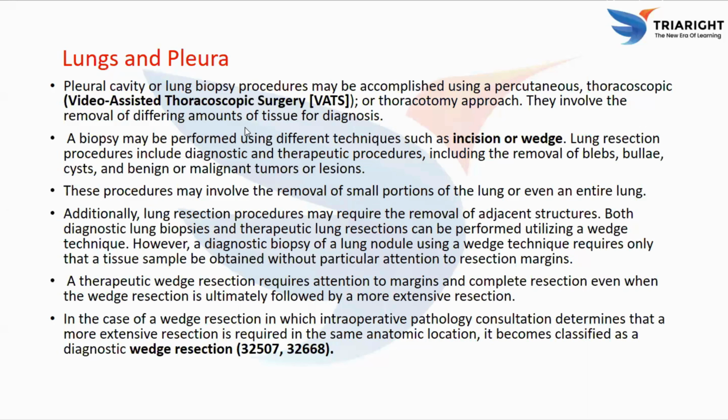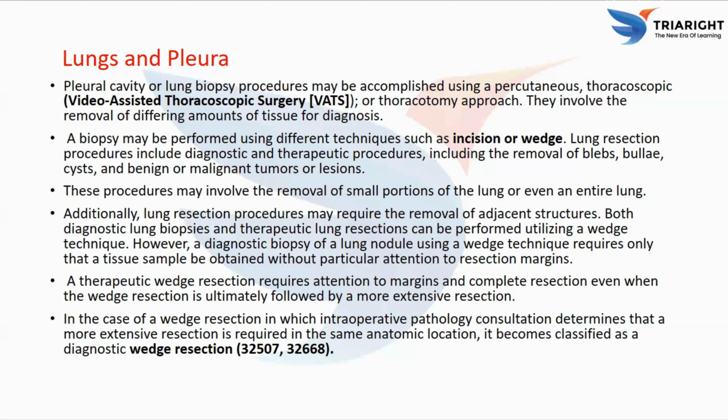So what are the approaches used to perform these procedures? Lung and pleural biopsies or resections can be done using different surgical approaches. For example, the percutaneous approach, where a needle passes through the skin, usually image guided by CT or ultrasound, and used mainly for diagnostic biopsies. Second is the thoracoscopic approach, VATS.